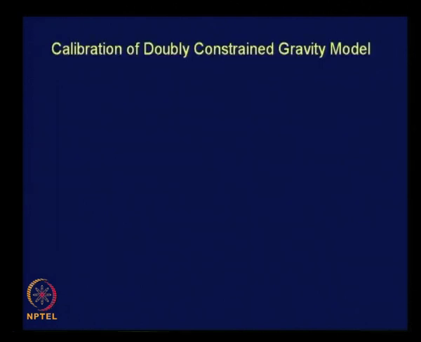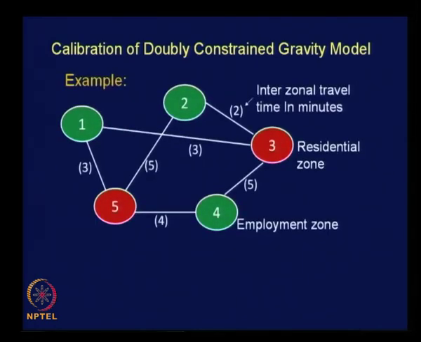Calibration of doubly constrained gravity model. I am going to give the example in the form of a figure, so that straight away we understand the given situation clearly. You can see totally there are 5 traffic zones shown here in the picture, zones 1, 2, 3, 4 and 5.